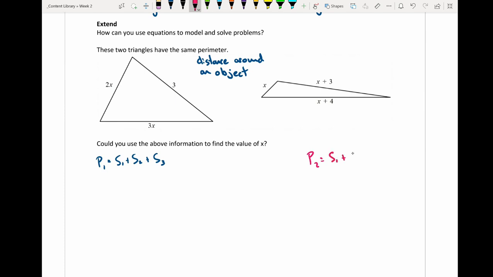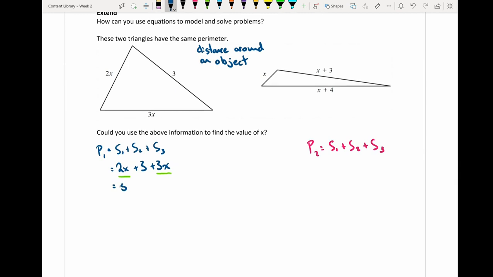So 2x plus 3 plus 3x. I'm going to look for my like terms, which in this case are the 3x and the 2x, so I can collect those like terms to make it 5x plus 3, which is going to equal the perimeter of my first triangle.